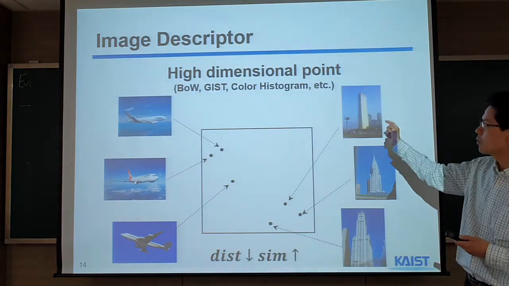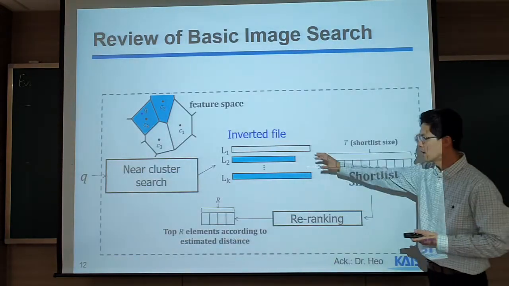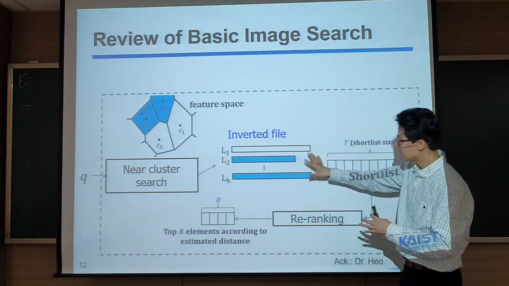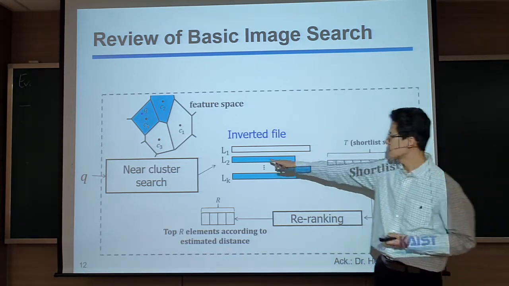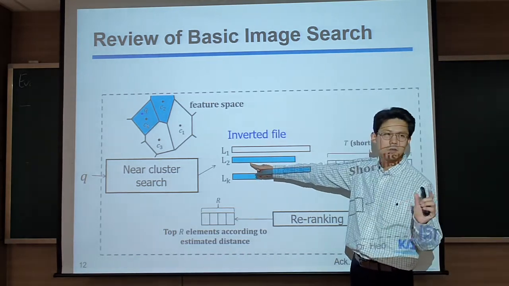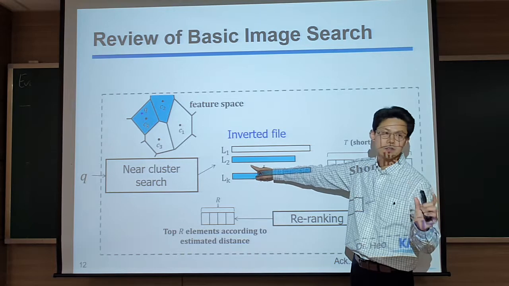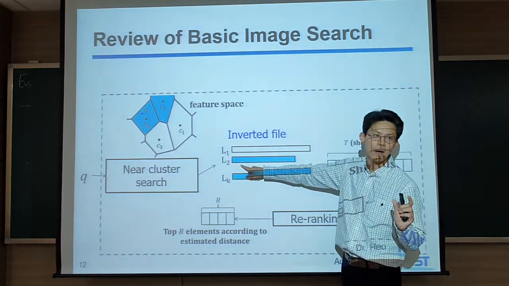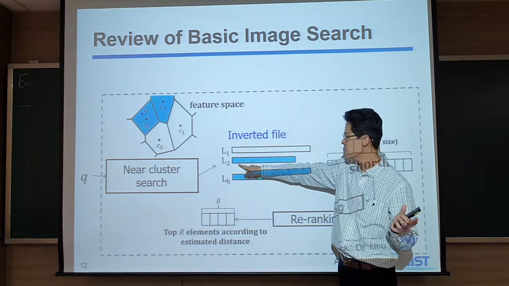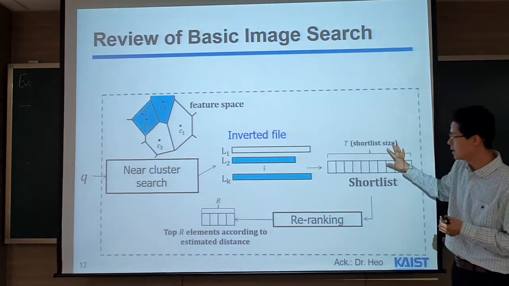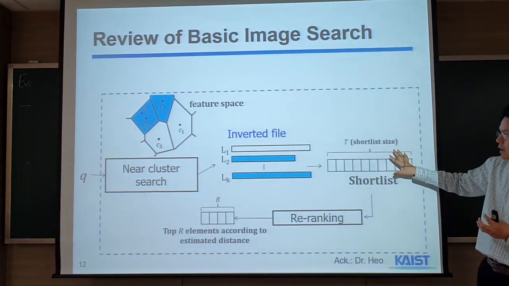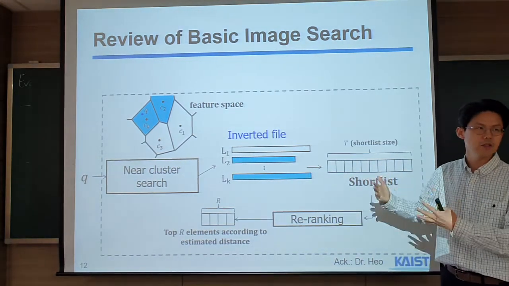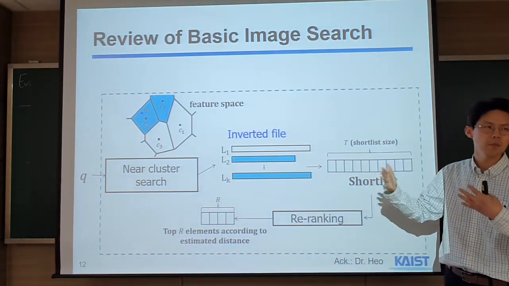So basically, if you go back to the overall system, I mentioned that at some point, in the inverted file, we can just use the index of your image descriptor, right? Here it might contain just a 4-byte integer, right? And then when you compute the shortlist, I mentioned that we need to do some sort of finer level matching, right?